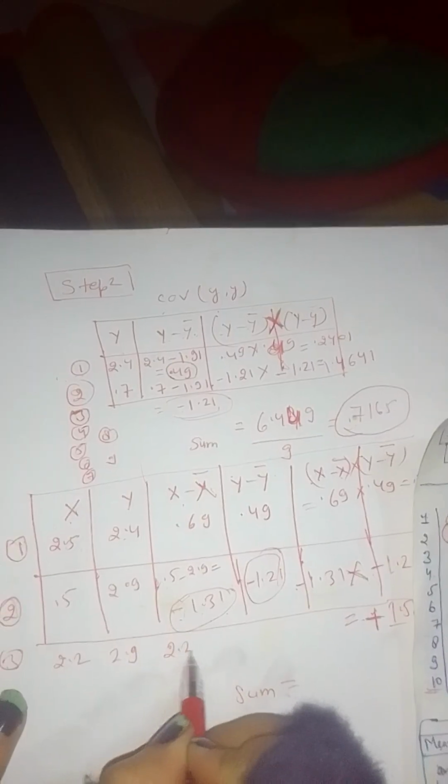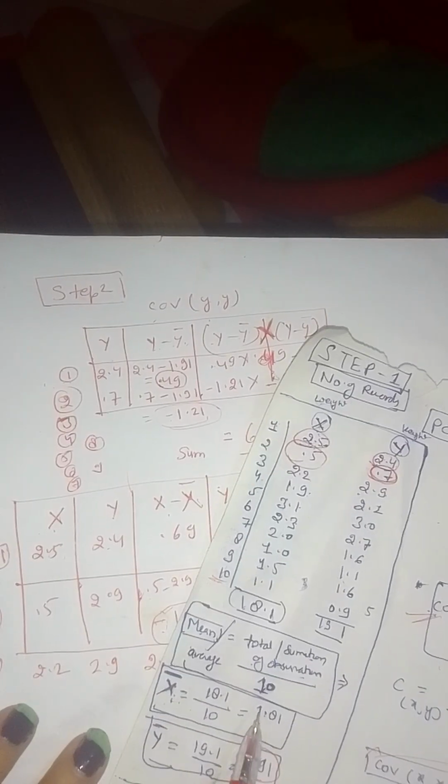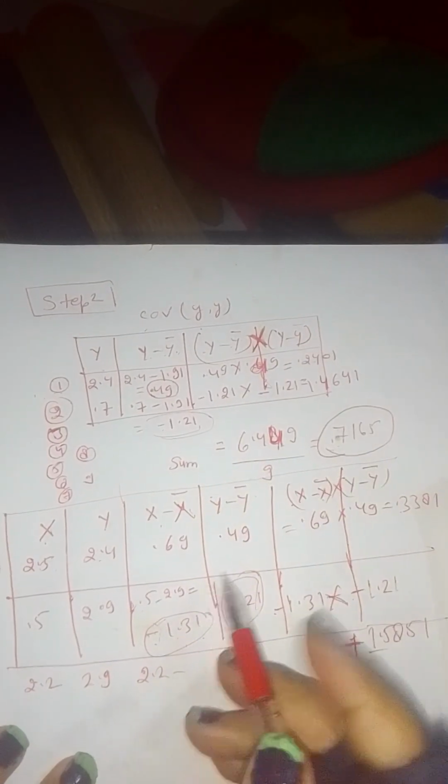X is 2.2 minus x bar, which we have calculated in the previous video. X bar is 1.81. Likewise you have to draw this table also and this table also. The only difference is that here we are multiplying y minus y bar by y minus y bar, and here we are multiplying x minus x bar by y minus y bar.